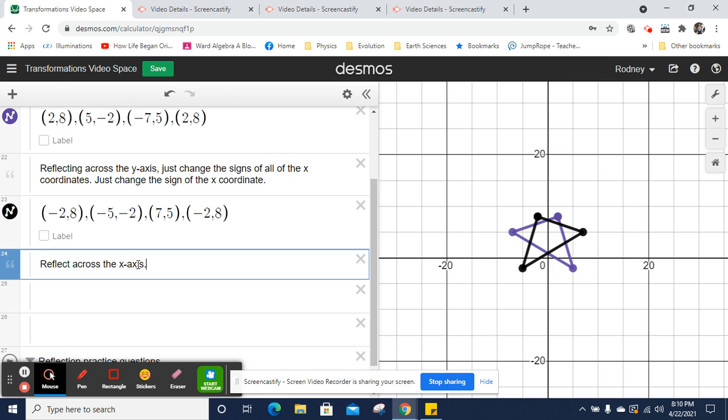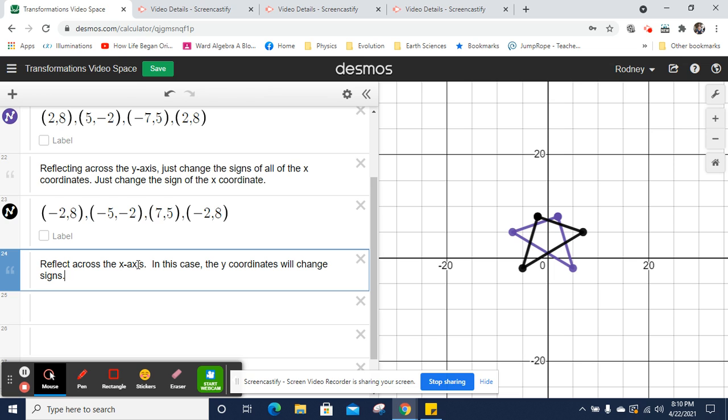What's going to change sign? If you thought the y value, the y coordinate, would change signs, you're absolutely right. Crossing the x-axis means that all of the y coordinates are going to change sign.